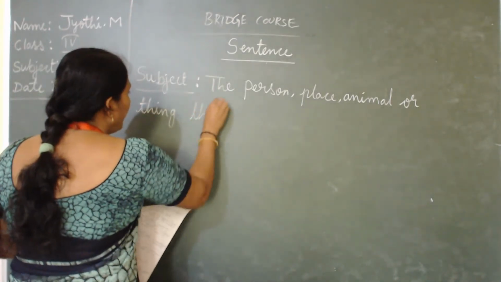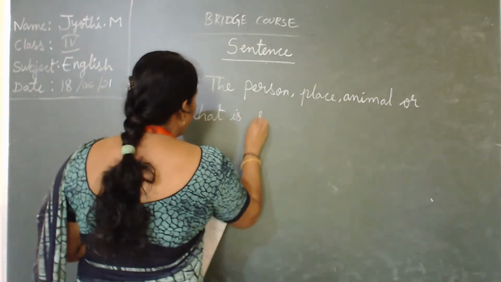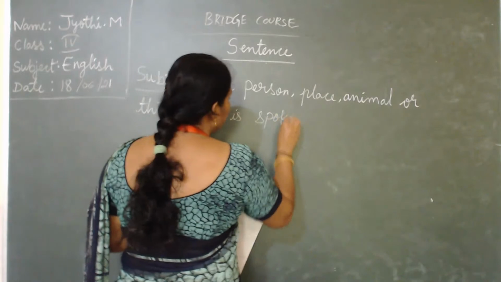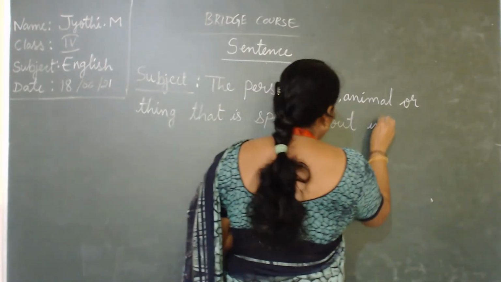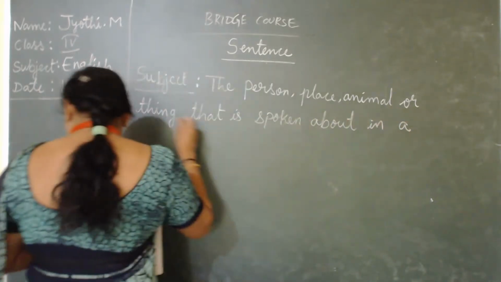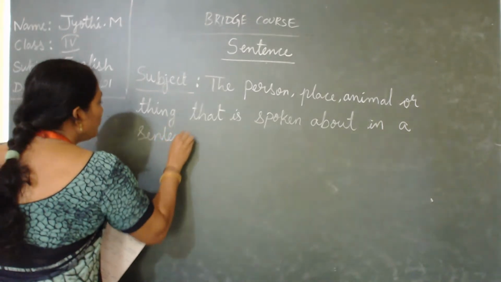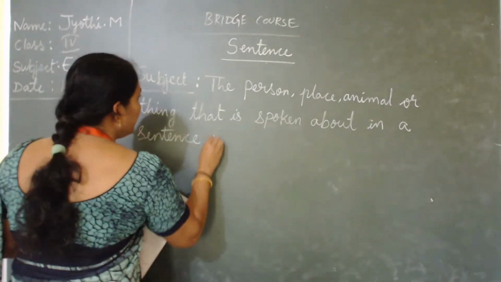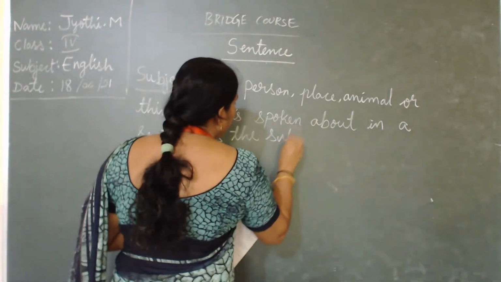The person, place, animal or a thing that is spoken about. That is spoken about in a sentence. That is spoken about in a sentence is the subject.